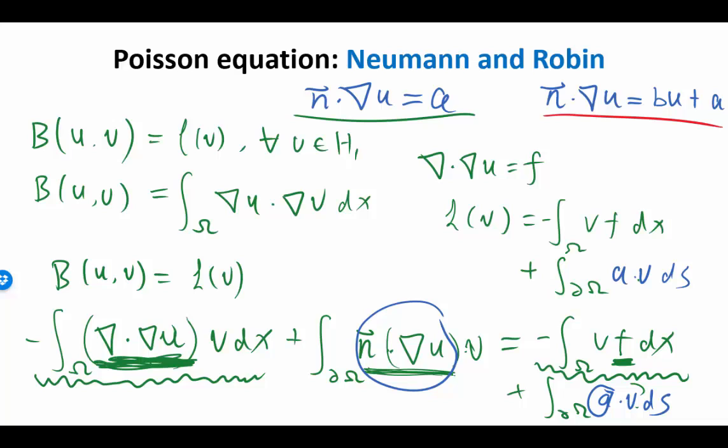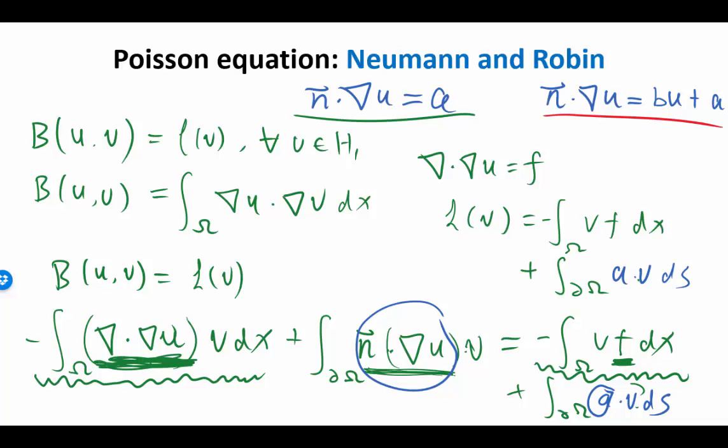The interior integral should stay the same because I'm satisfying the same differential equation, but the boundary integral needs to change a little bit. Not only do I have the A times V term, but I also have a BU. So this A here should become A plus B times U.